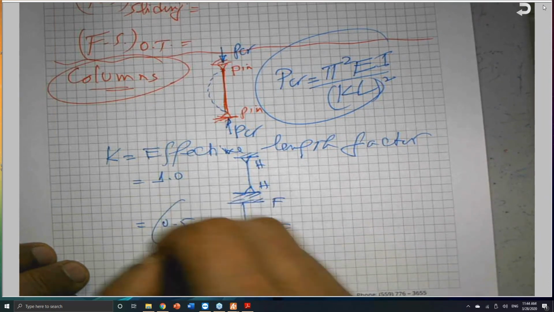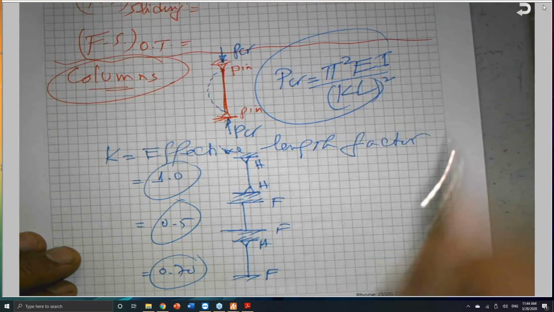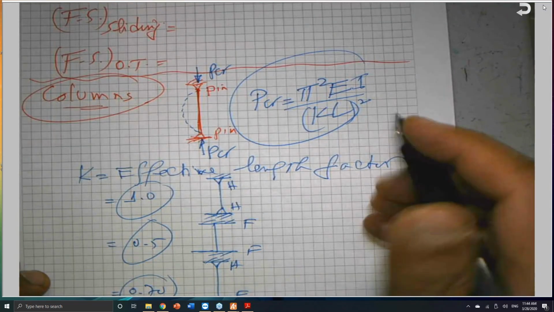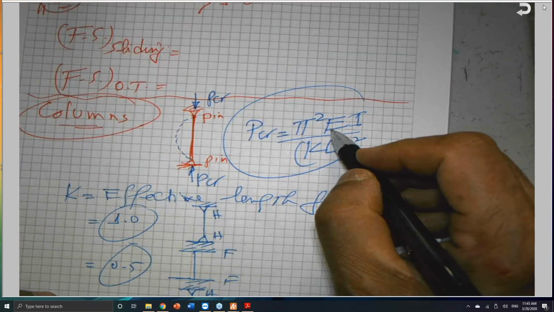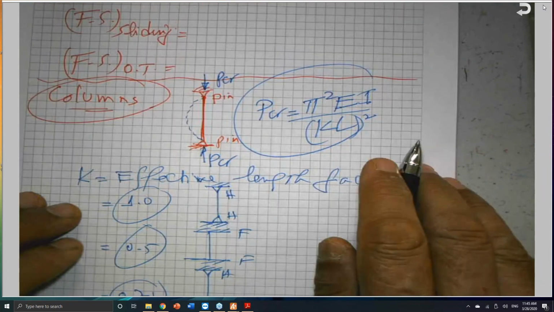Those are the most common cases, and I have a table in my book taken from the steel manual. L is the unsupported length, I is the moment of inertia, and E is the modulus of elasticity. We need to be aware of that.